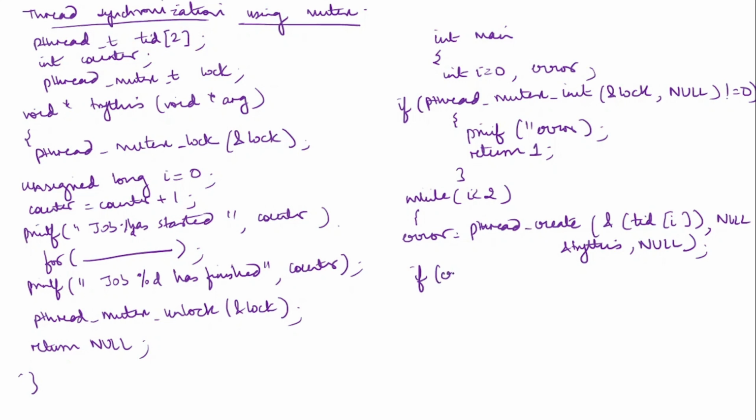I again check if error is not equal to 0. I write printf "threads cannot be created" and I throw the error here, and I increment the value of i so that 2 threads get created.